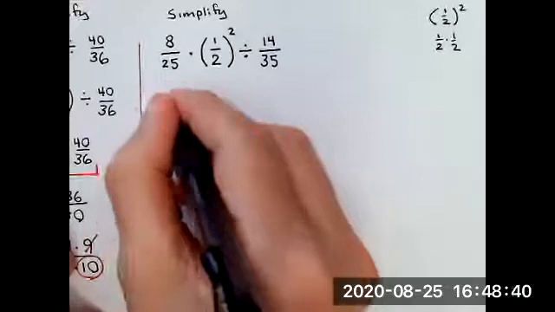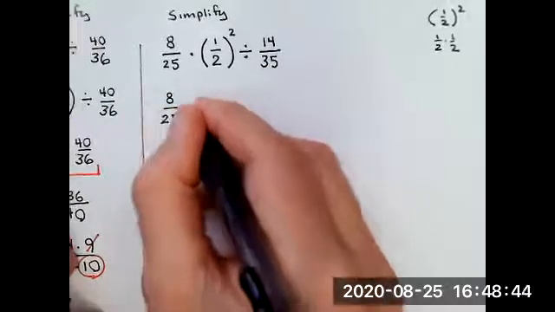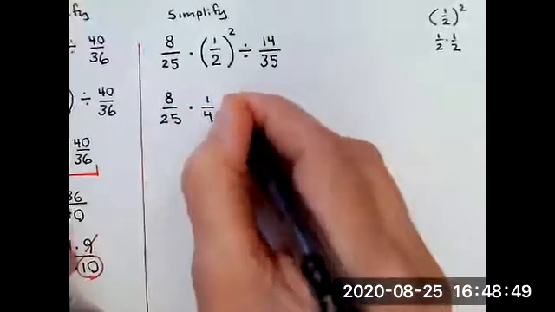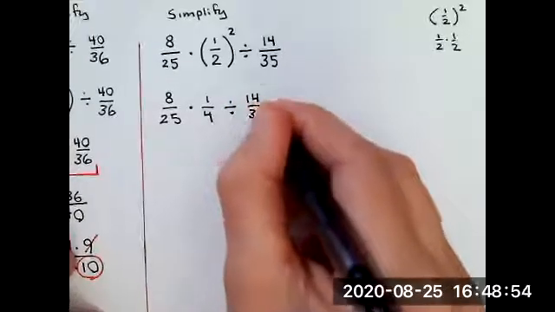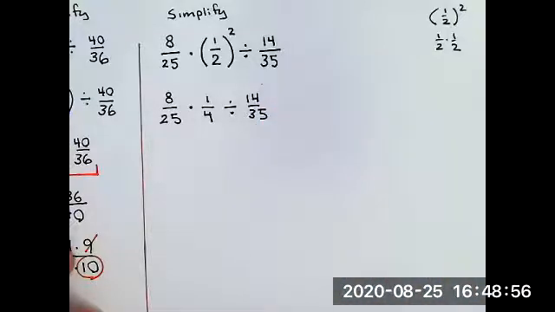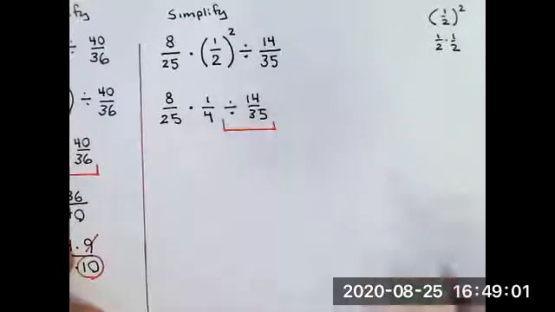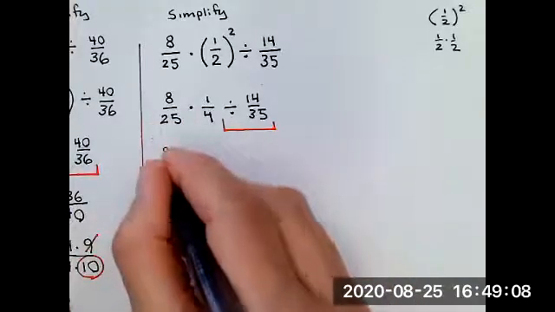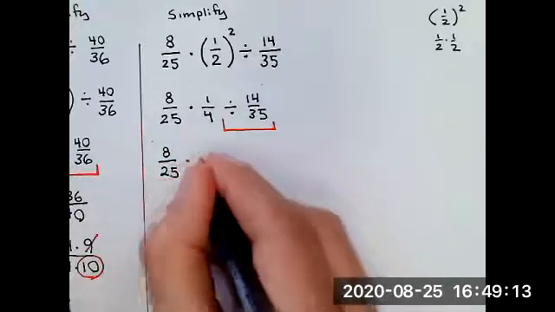So 1/2 squared is 1/4. All right, we're dividing by 14/35. So I'm going to rewrite that as a multiplication by taking the reciprocal of the number we're dividing by.